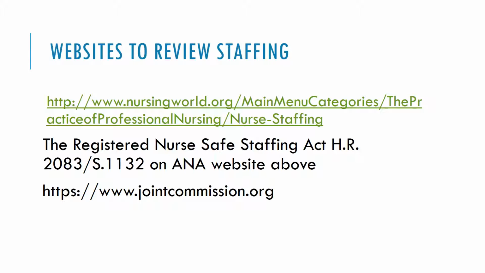Here are some websites. The first one is the ANA website, and it gives you some ideas on staff nursing, some insight. And then the second one here, the one that says Registered Nurse Safe Staffing Act, it's in Congress now, and it's worth reading about, and you can find it on the ANA website. Then I also chose the Joint Commission to see what their standards of recommendation were.